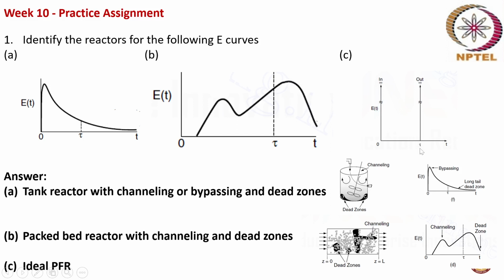That means at the space time of the reactor all the particles uniformly come out, and that is why we observe a spike, which is represented by a Dirac delta function, where the area under the curve is 1, and it has infinite height while on the x-axis it is just a single spike line.